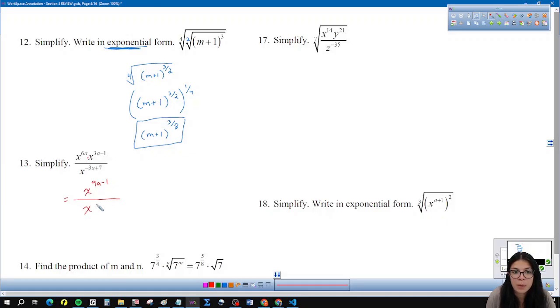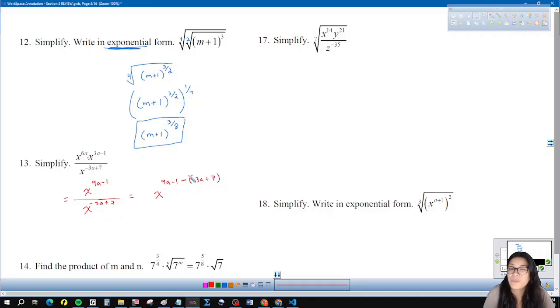And the denominator, for now, we could just write it down. Okay, then we can apply the quotient rule. The quotient rule says if you're dividing the same base, then you subtract the powers. So now this will be x to the power of 9a minus 1 minus the denominator power, which is negative 3a plus 7.